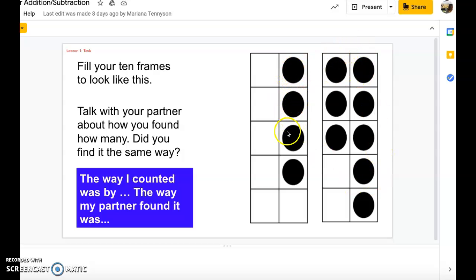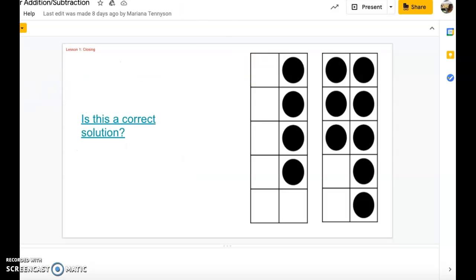Could you count all of the circles? 1, 2, 3, 4, 5, 6, 7, 8, 9, 10, 11, 12. Could do that. Could you count by twos? 2, 4, 6, 8, 10, 12. Could do that too. There are many different ways you could find out how many there are using the tens frame.